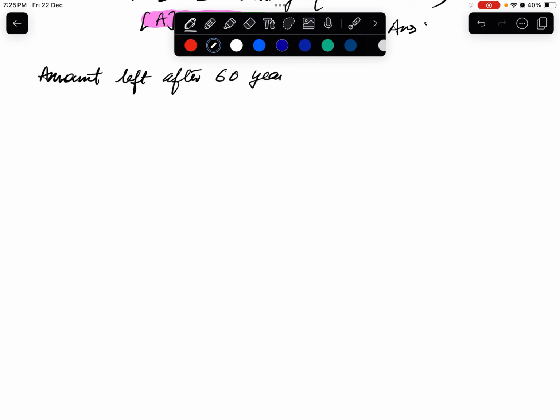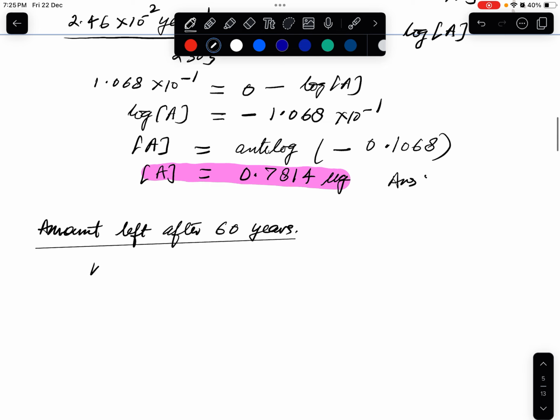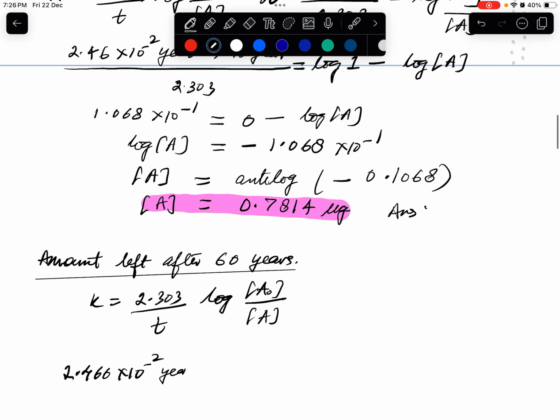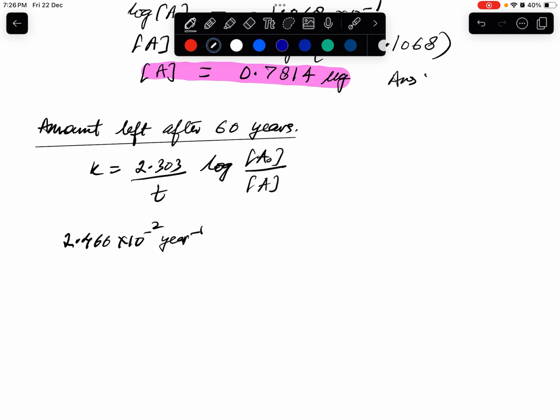In the same manner, we will be using the initial equation we have used here, that is K is equal to 2.303 divided by time taken log of A naught over A. We will rearrange the equation and then we put down the values: 2.466 into 10 raised to the power minus 2, here unit is per year, is equal to 2.303 divided by 60 years log of A naught divided by A.